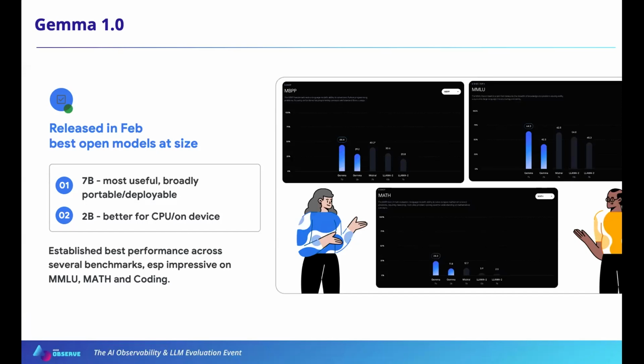There are also a few variants of Gemma, like CodeGemma for code generation and math-related tasks, RecurrentGemma, which is a different model architecture, and PaliGemma, which is a more vision-based model. All of them are in the open source series.